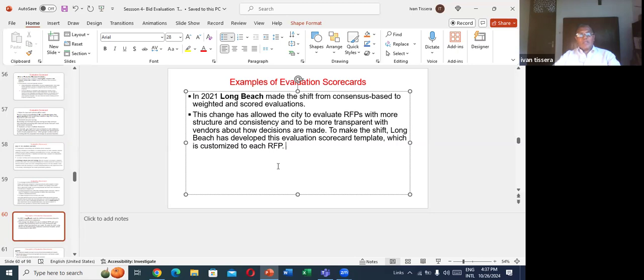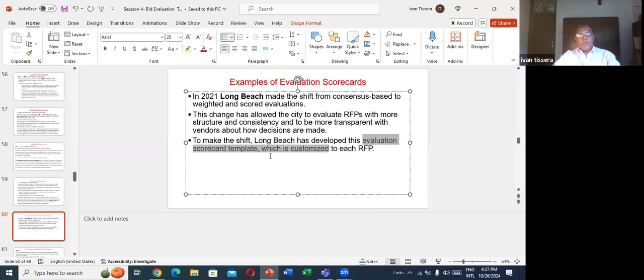The change has allowed the city to evaluate RFPs with more structure and consistency and to be more transparent with vendors about how decisions are made. To make the shift, Long Beach has developed this evaluation scorecard template, which is customized to each RFP. So that is an institute that has developed an evaluation scorecard template.